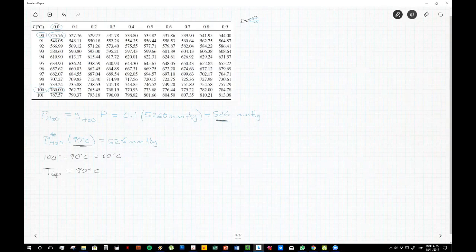So anything lower than 90 degrees for this particular system would start condensing water, okay? So if you have, for example, 89, you will have a little bit of water condensed in liquid form, right? So we have 10 degrees of superheat, and the dew point temperature is 90 degrees. Any questions on how I reached that particular point?